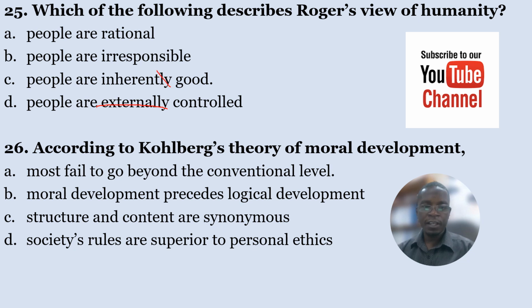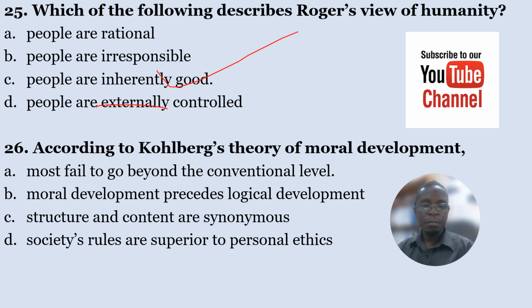The correct answer is C. People are inherently good and capable of making their own decisions as far as their lives are concerned, and they are not controlled by what happens within the environment, like what behaviorists argue, or controlled by instincts, like what the psychoanalysts argue. So number 25, the answer is C.